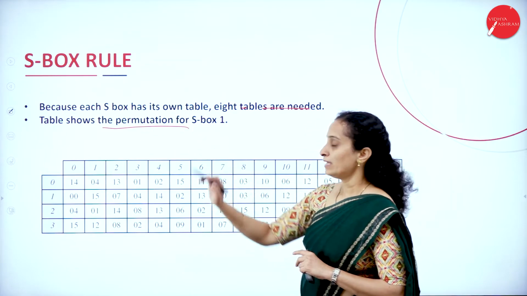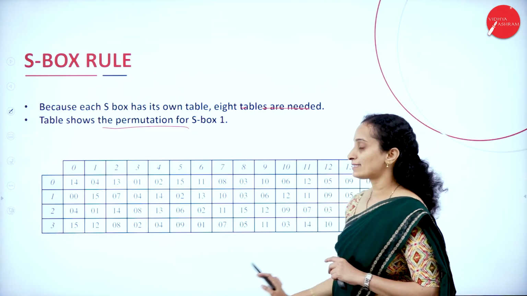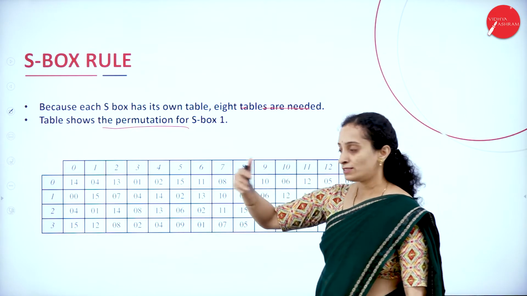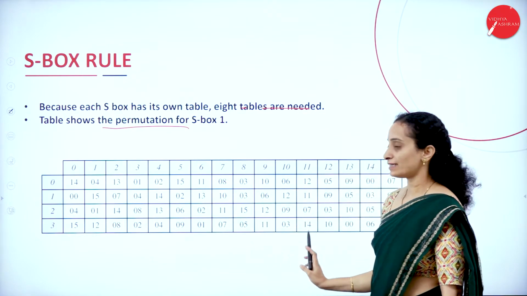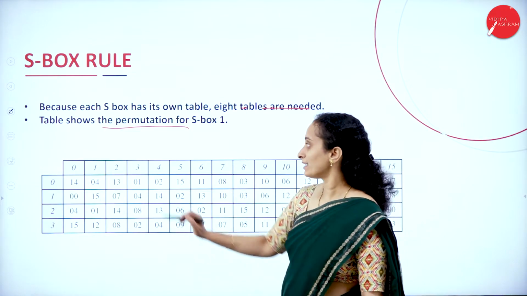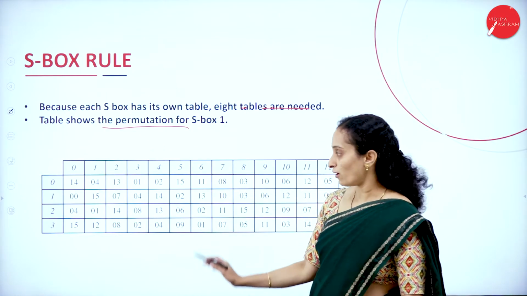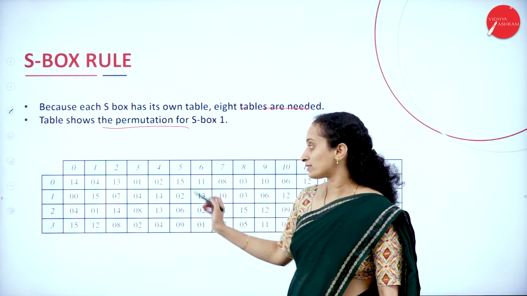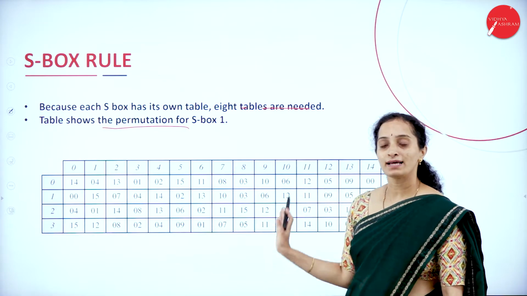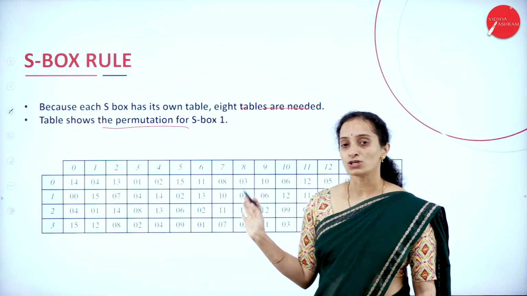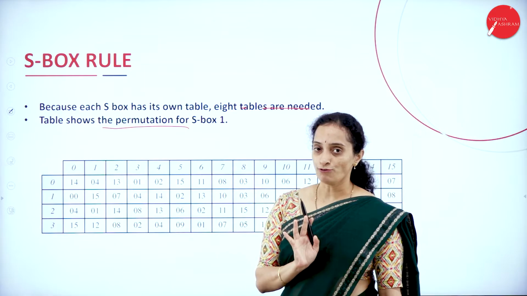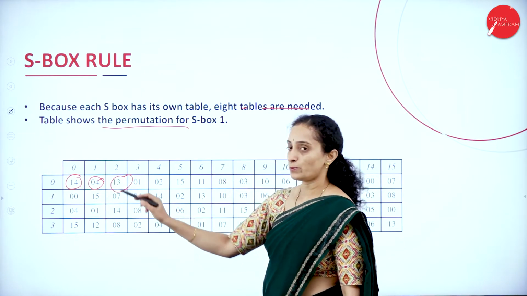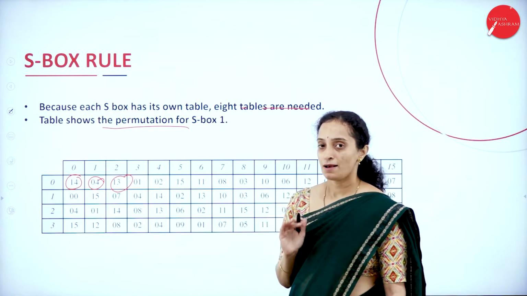Now, each S box has these values. Based on the input, the output will be generated here. We have the permutation for S box 1. Like this, the other boxes will have similar tables used to produce an output of 4 bits. Each output will be represented in binary.